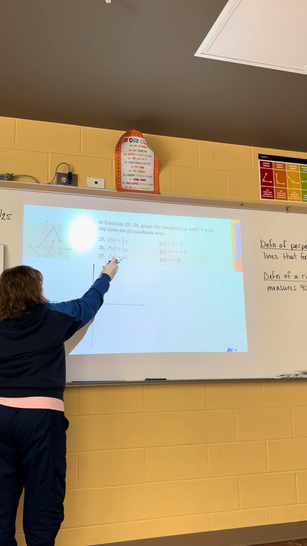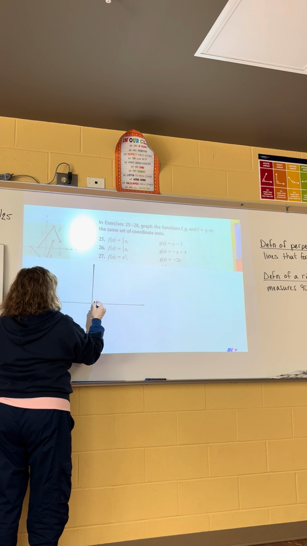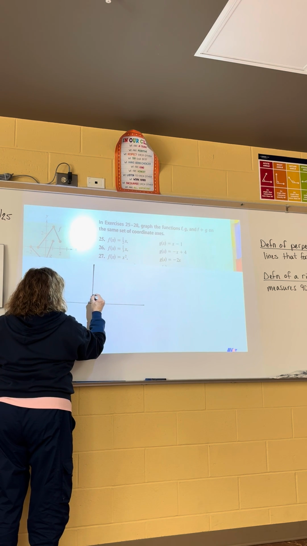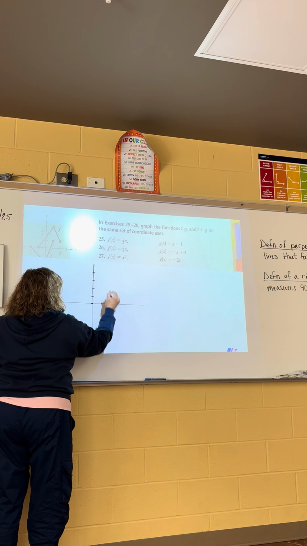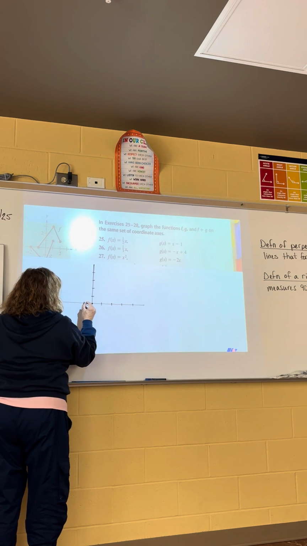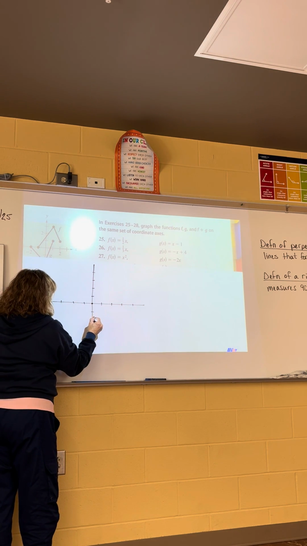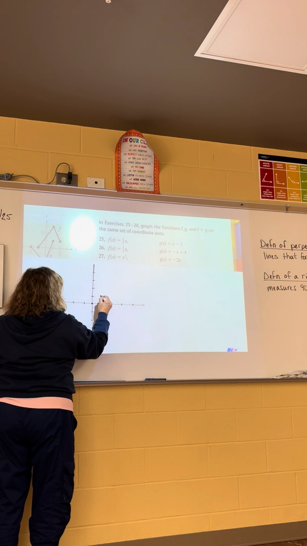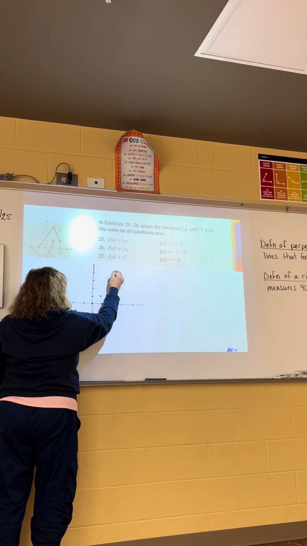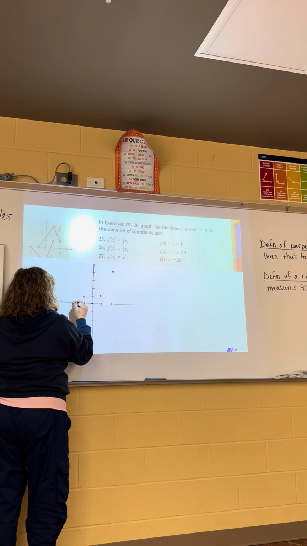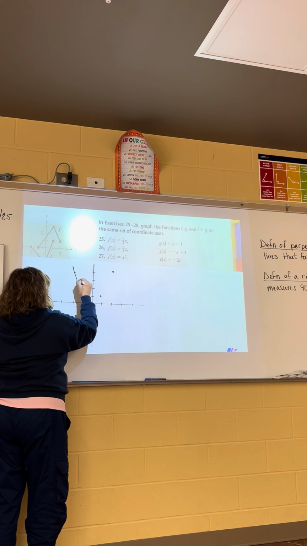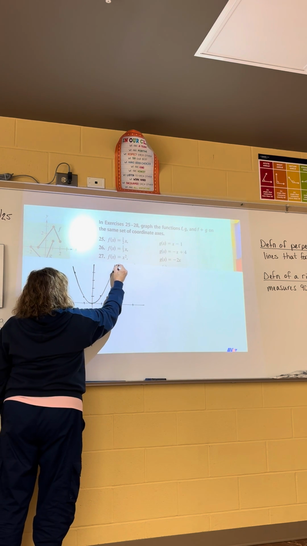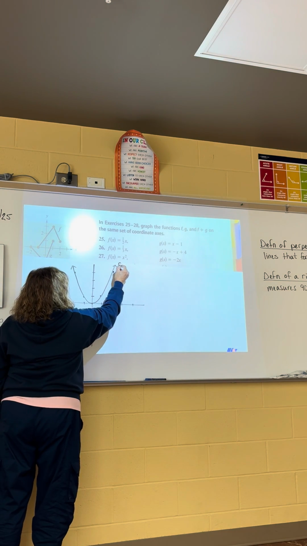Okay, well that's the parent function for the quadratic. The parent function for the quadratic passes through (0, 0), (1, 1), (2, 4), (-1, 1), (-2, 4). This is f.